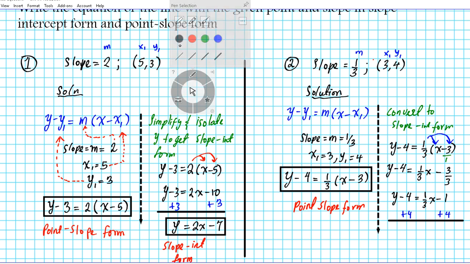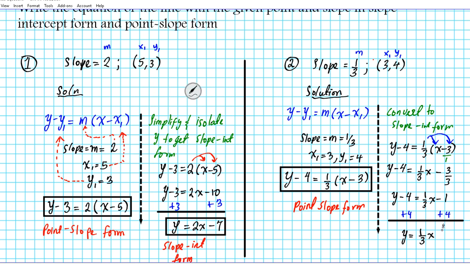We're going to get y, since negative 4 plus 4 adds up to 0. Y equals 1/3 x. Now, you're combining numbers with different signs, right? So you subtract and keep the sign of the bigger. So it's going to be 4 minus 1, which is 3, and the bigger number is positive. So it's going to be y equals 1/3 x plus 3.